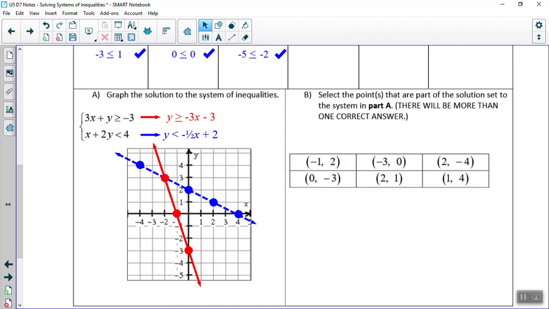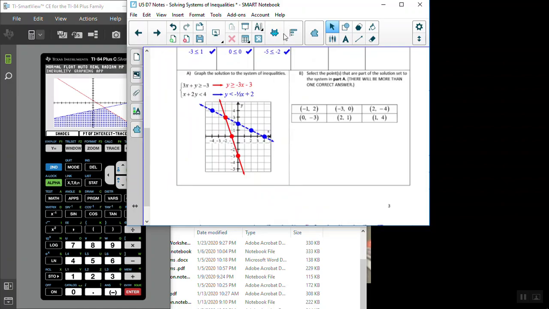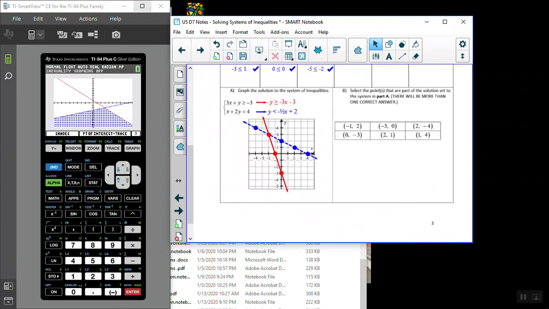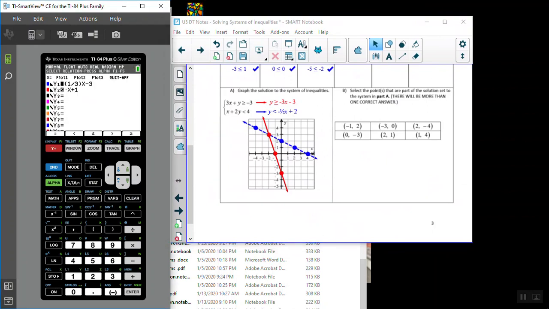All right, and then we can do our shading. So again, we can use our calculator if we want to. So we can go back to our y equals if we want to check to see where our shading should be. So this time I need the greater than or equal to.